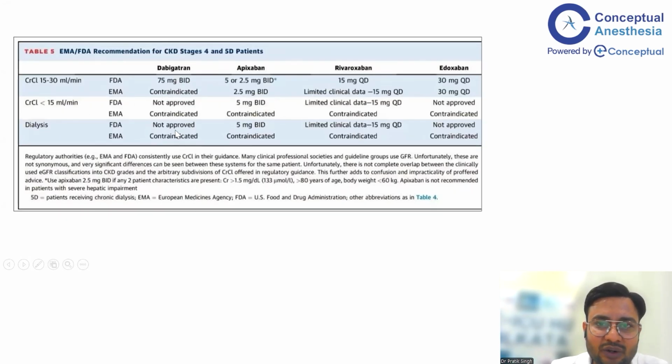In dialyzing patients, they are contraindicating it. For apixaban, the two societies want dose modification if creatinine clearance is 15. The European Medicines Agency is much stricter on renal clearance. They have even stopped apixaban, and for rivaroxaban there is limited data. Edoxaban is not being used.